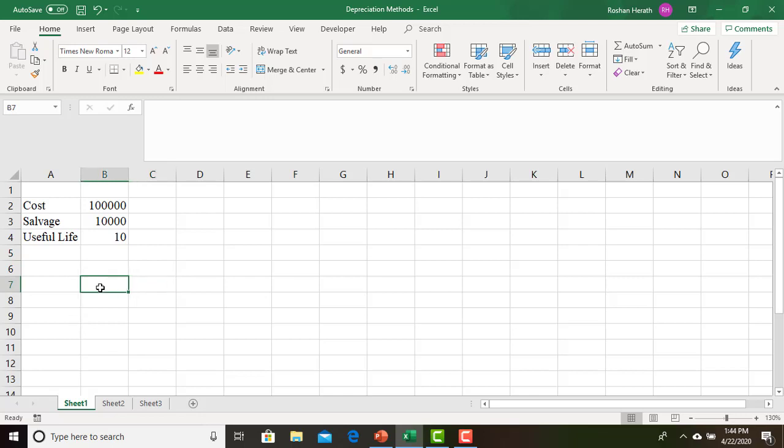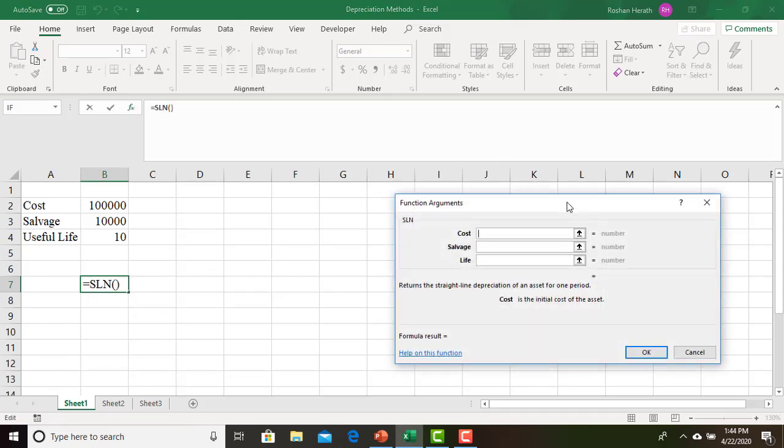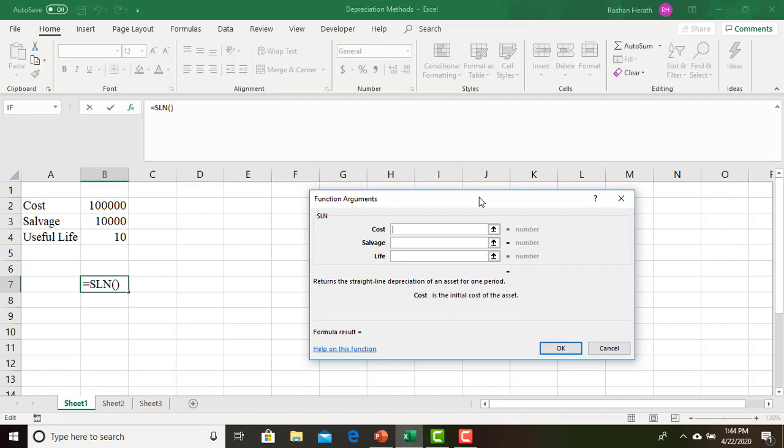So now let's compute the depreciation of this asset using the straight line method. As usual, you type straight line method SLN. Once you start typing, it appears, and you take the expanded form of the formula, then you simply input the information.